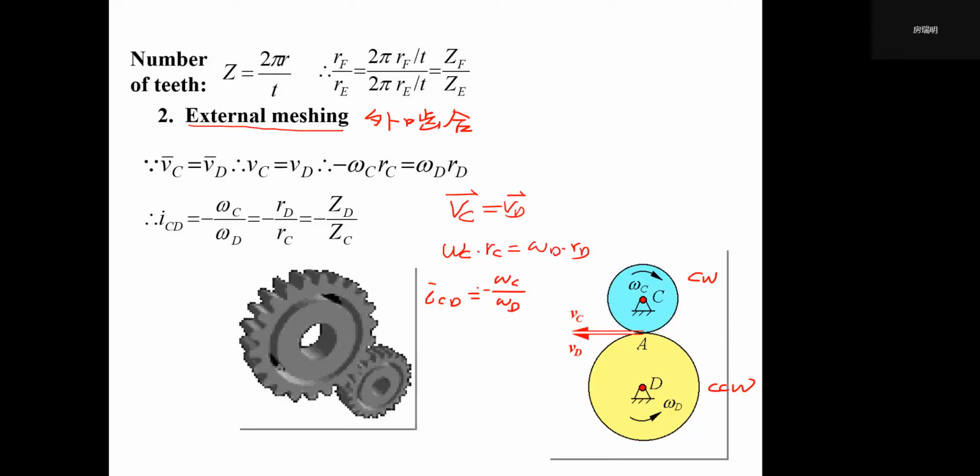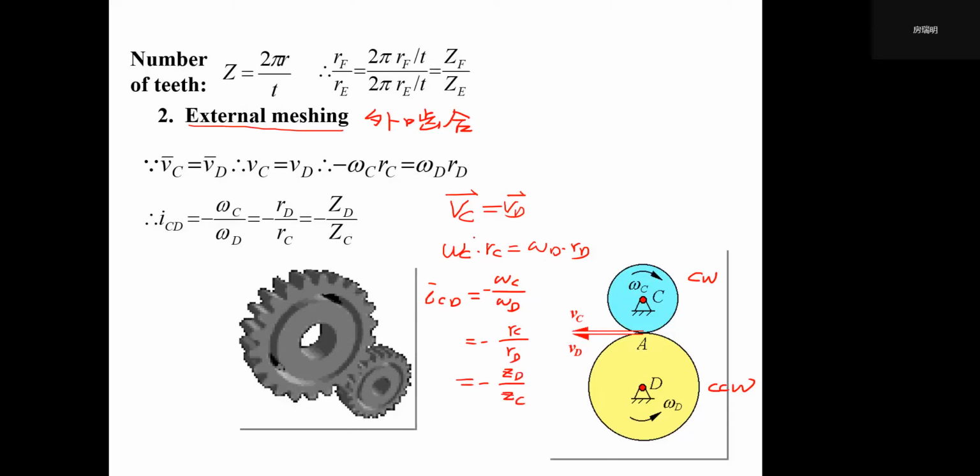Actually, this negative sign is because it is external meshing. These two will have different rotating directions, right? So it will equal minus RC over RD, also equal to minus ZD over ZC.